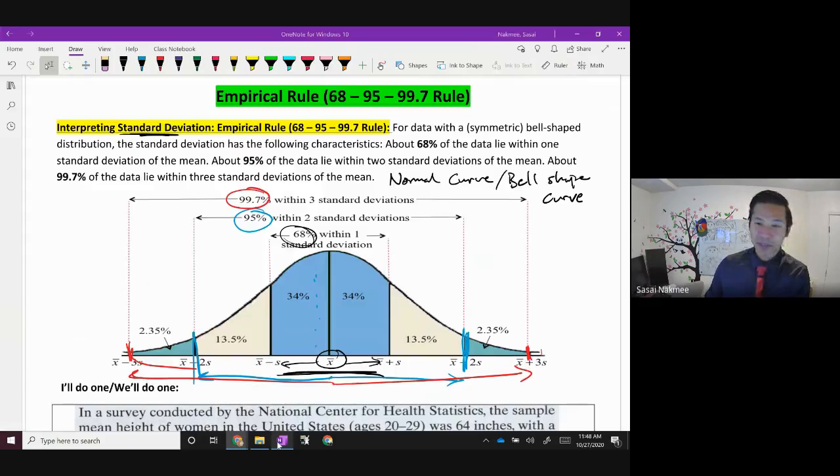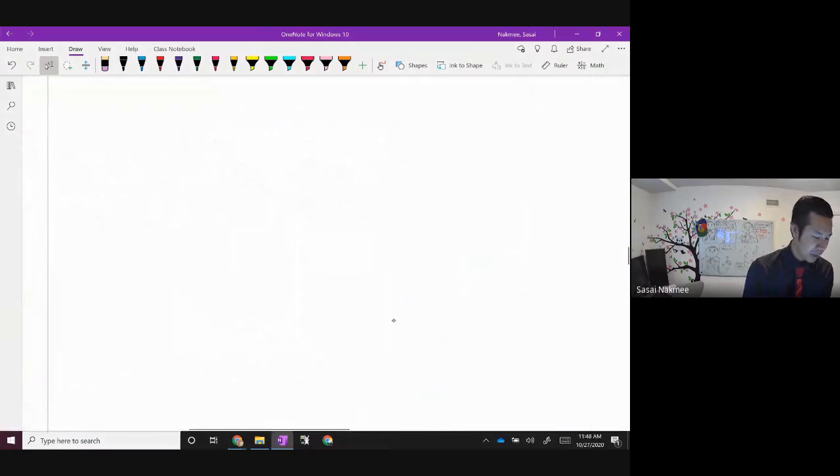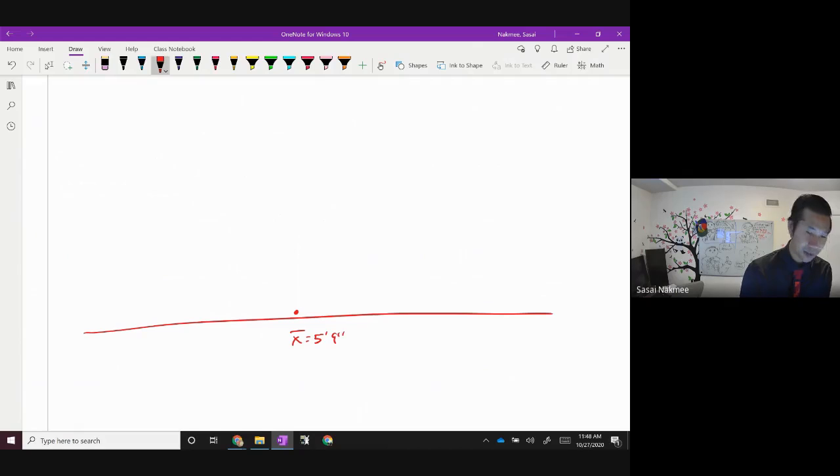But here's why I'm bringing this up. If you took everybody and had them stand on a line, and they're 5'9", they'd stand right here. Another person who's 5'9" would be right here as well.